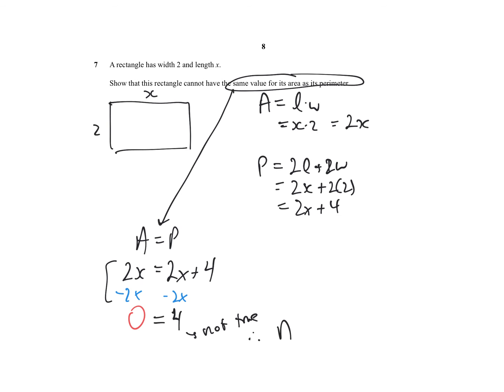All right? Therefore, A cannot equal P. This is my assumption. And so if it leads to an equation that does not solve or leads to an incorrect expression, then that assumption must be wrong. Right? So notice that I've used the equation to get to what's called a contradiction, and I've been able to find the answer to that last question.